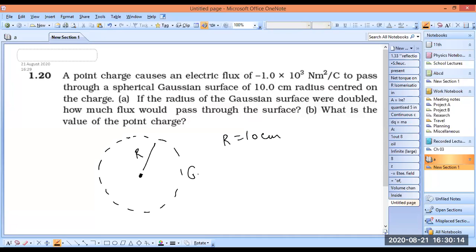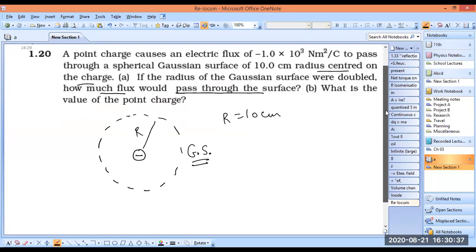This is the Gaussian surface, remember? This is the point charge, negative point charge. Let me just write minus sign over here. And that is centered on the charge. If the radius of the Gaussian surface were doubled, how much flux would pass through the surface?